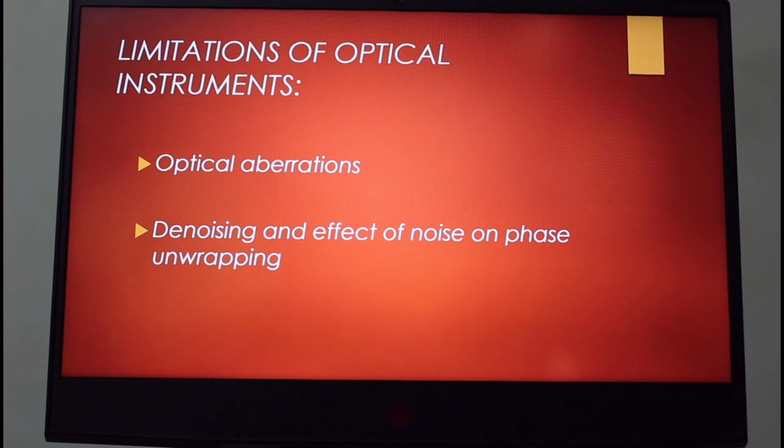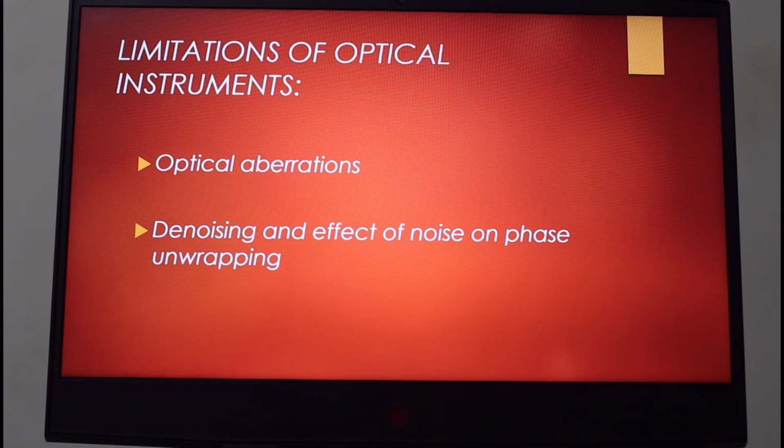So now we'll just see the limitations. There are quite few, so it is very advantageous to use a laser interferometer wherever you are not able to use screw gauges, vernier calipers, and scales. The limitations are optical aberrations, which is nothing but extra signal which occurs during the laser transmission, and denoising of the interference pattern on the screen and the effect of noise on phase unwrapping.